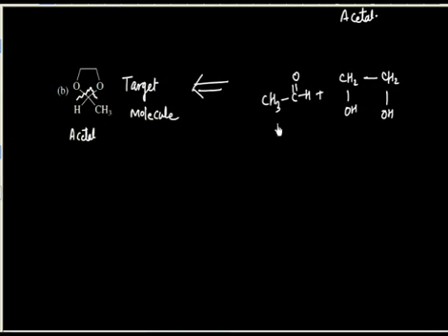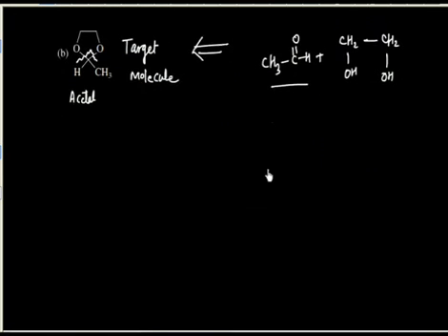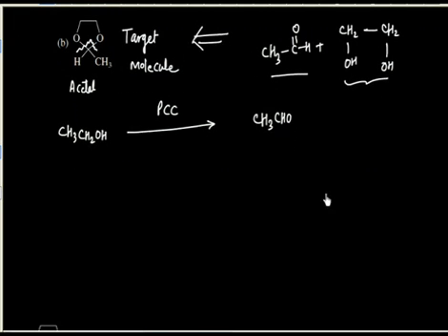But now this molecule, we have already said you can prepare by oxidation. You have CH3CH2OH given to you. If you do limited oxidation with pyridinium chlorochromate, you will have CH3CHO. But how will you prepare ethylene glycol? It's easy to prepare. You have CH3CH2OH.